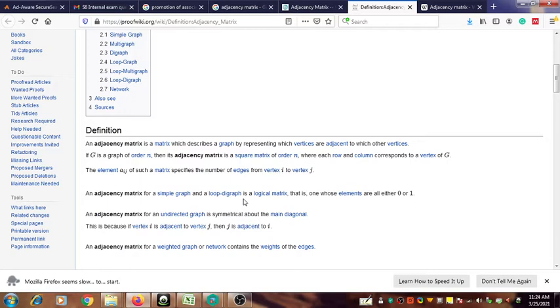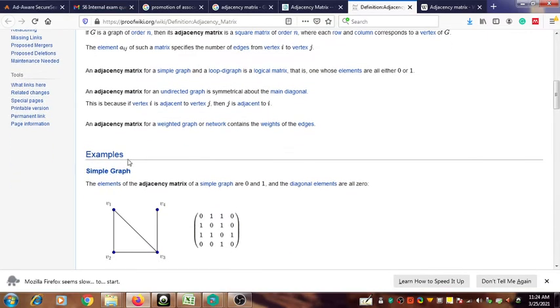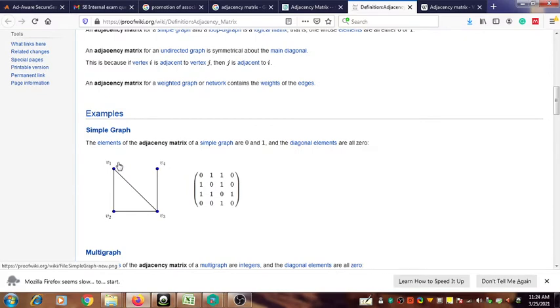This is because if the vertex i is adjacent to the vertex j, then the vertex j is adjacent to the vertex i. An adjacency matrix for a weighted graph or a network contains weights of edges as entries in the matrix. We have the following examples.